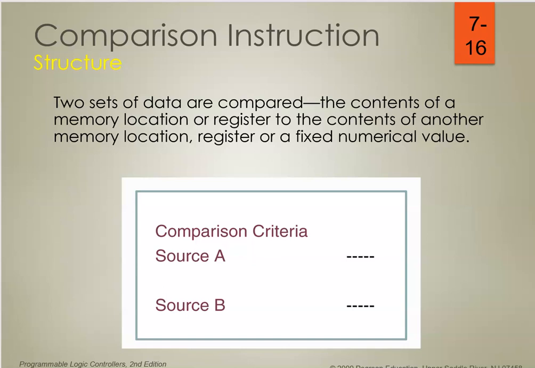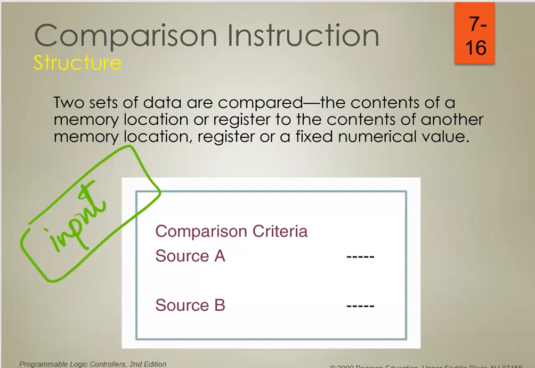Something that is interesting about comparison instruction, and you should be careful about, is the fact that whatever you've learned up to here were mostly output instructions. But here, when we're talking about comparison instruction, they are input instructions. So you should be careful about this part.